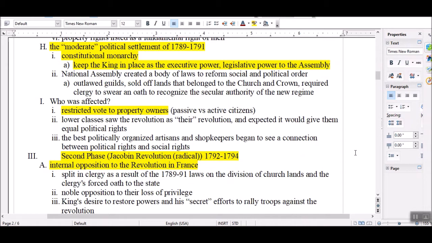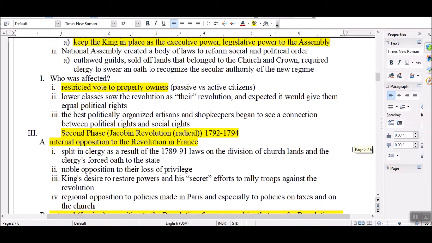The best politically organized groups, the artisans and shopkeepers, start to see a connection between political rights and social rights, where if you want to have power in society, you must have power politically, and vice versa. If you have power in society, you will have power politically. This is going to lead us to the second phase, and the second phase is going to get a little rough.